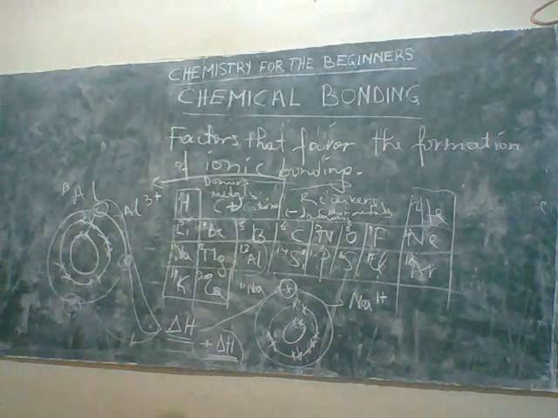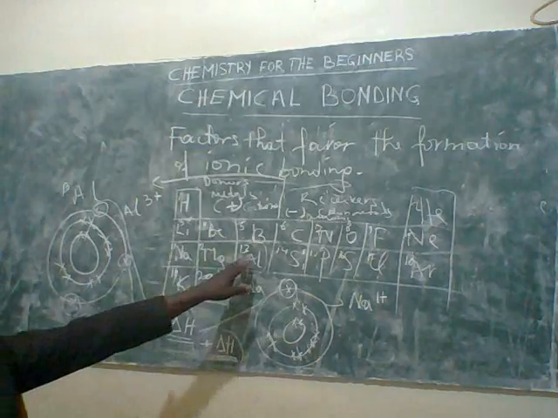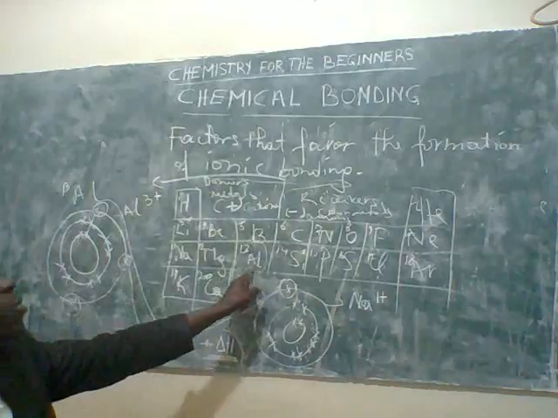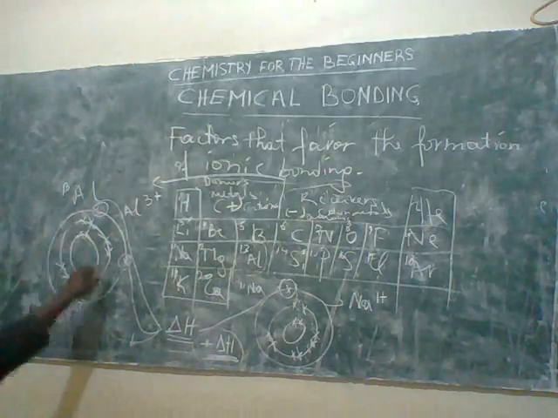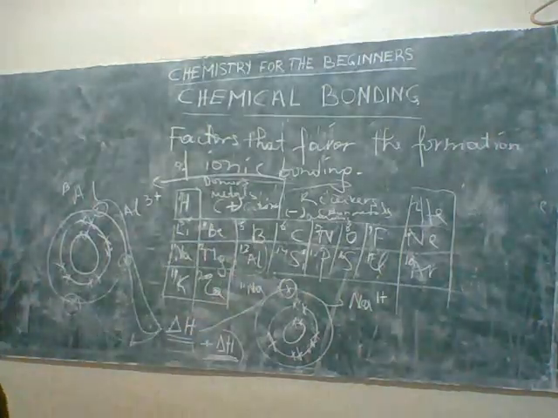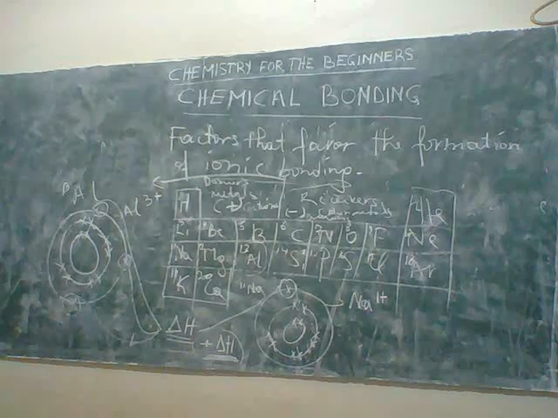So that's one thing I can tell you: aluminium, depending on its group, shares or gives 3 electrons because it is in a group which has 3 valence electrons. They need too much energy to take the first ionization.